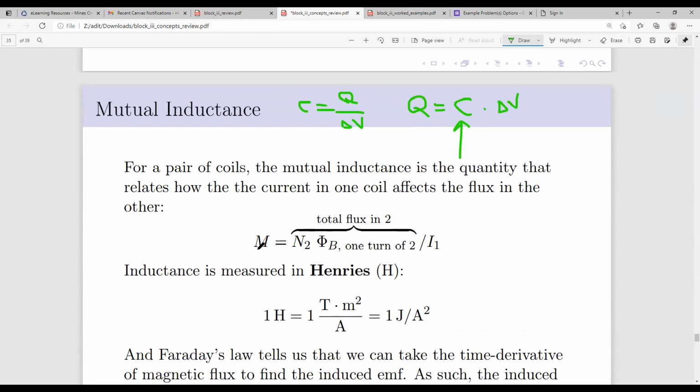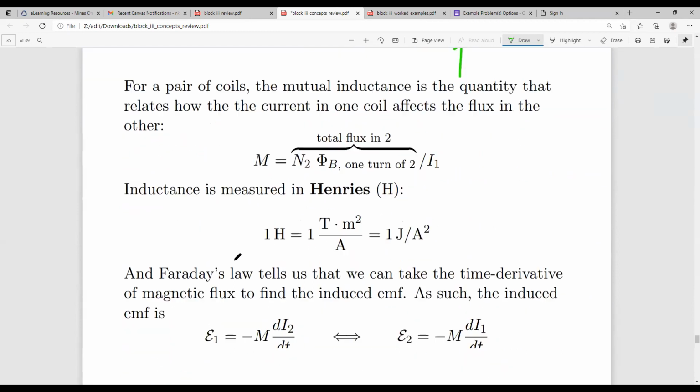Mutual inductance is defined to be the flux in one coil divided by the current in the other. You can have mutual inductance between any two pairs of coils. Basically, it's the quantity that tells us how the current in one coil affects the flux in the other.